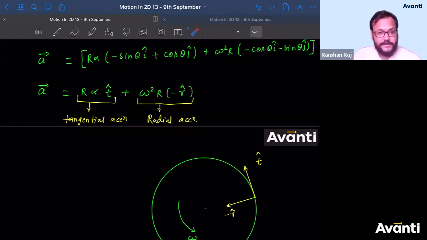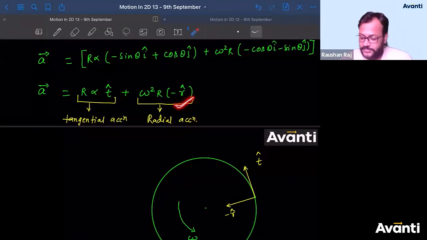Sometimes you might find that instead of radial acceleration, some books use normal acceleration, because the direction of acceleration is along the normal to the circle, because the radius is also the normal, right? This is normal to the circle, this is tangent to the circle.